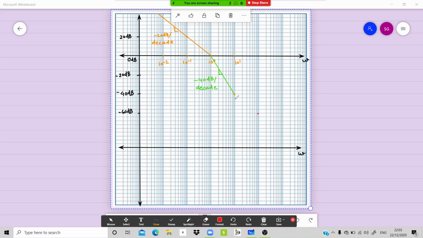Otherwise I'll draw a line from this at 60 dB, and parallel to that I'll draw the line. So see, from this point till this point, correct, if I draw a line, that will be the slope. Do you agree this line is having slope of minus 60, 0 to minus 60, in 1 decade.